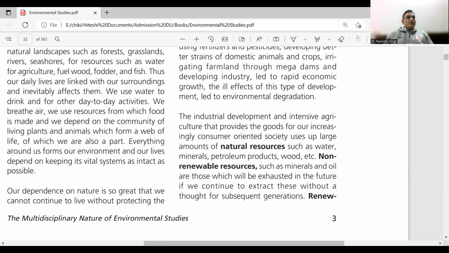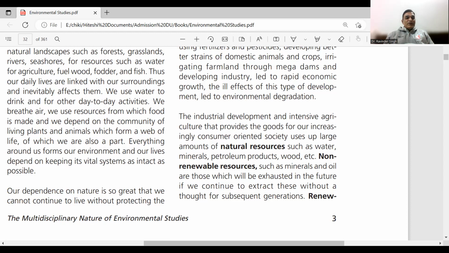We use water to drink and for other day to day activities. We breathe air, we use resources from which food is made, and we depend on the community of living plants and animals which form a web of life of which we are also a part. Everything around us forms our environment, and our lives depend on keeping its vital systems as intact as possible.